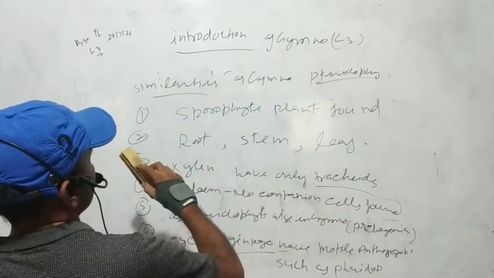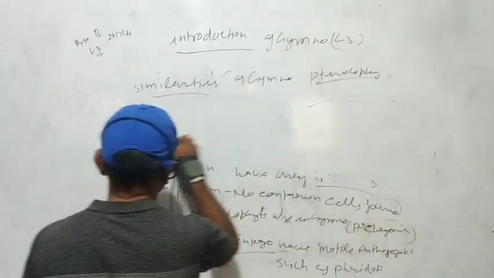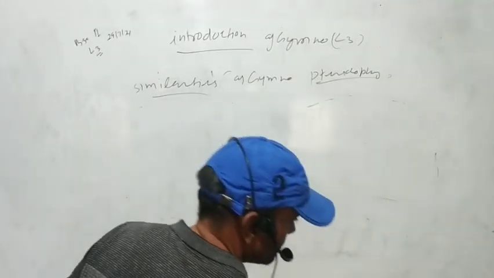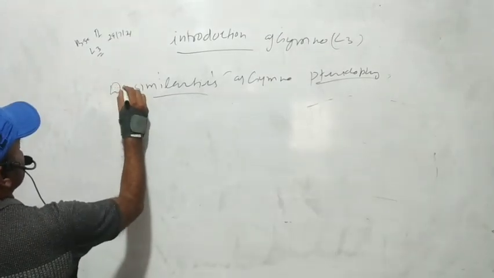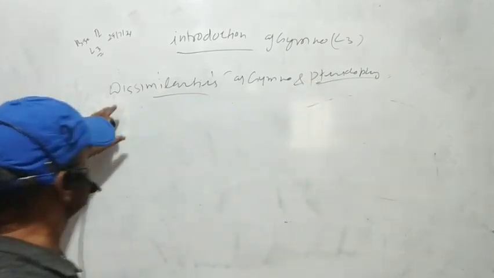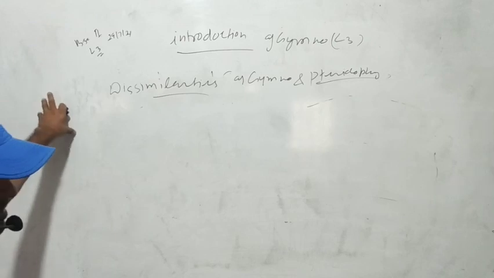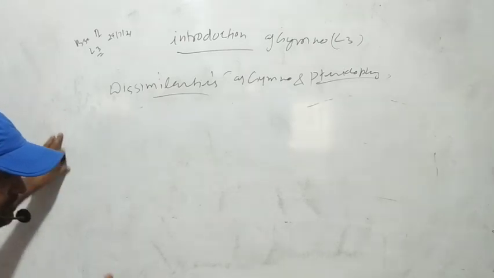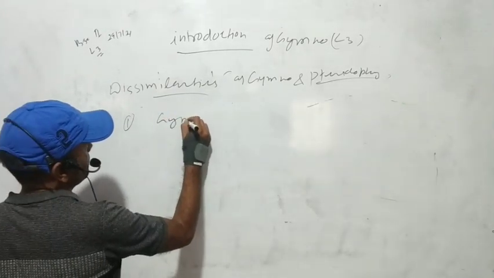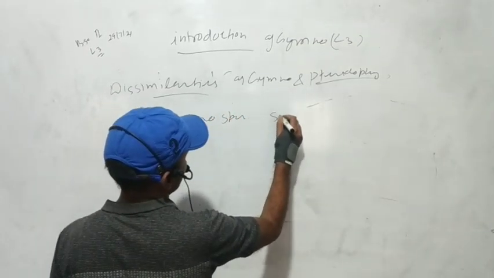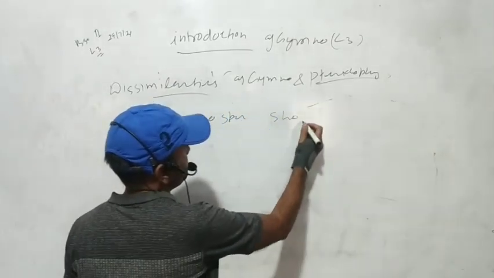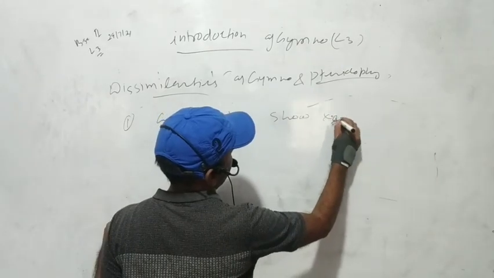Now we will discuss the dissimilarity, just in very short, of gymnosperm with pteridophyte. Dissimilarity number one, as you already know, gymnosperm shows xerophyte condition.